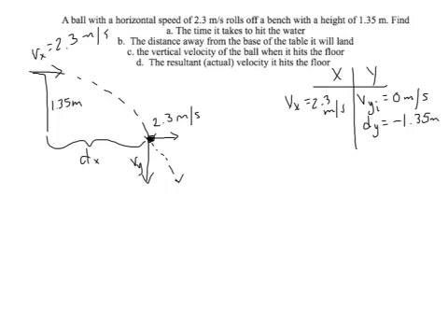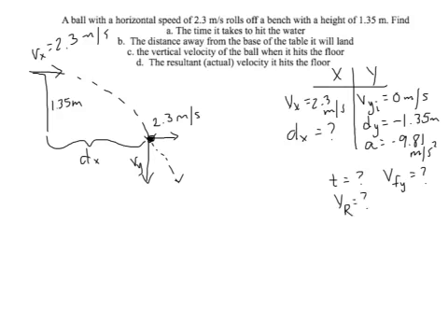I also know acceleration in the y is negative 9.81 meters per second squared. I am supposed to find the time, which does not have a dimension. I'm supposed to find the displacement in x, also no dimension, the final velocity in y, and then the resultant velocity.